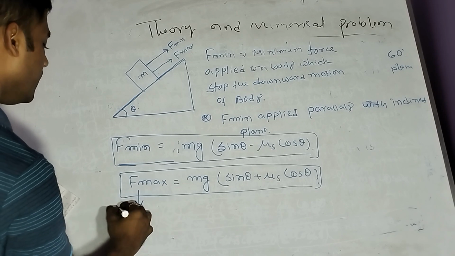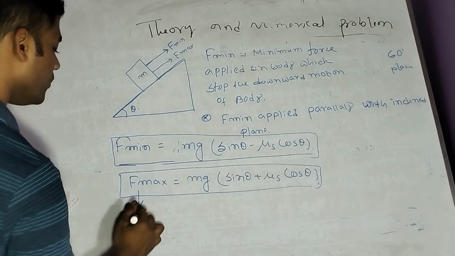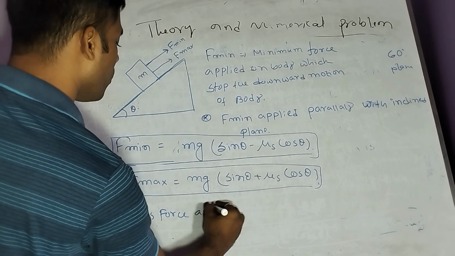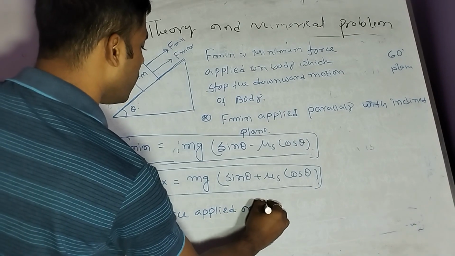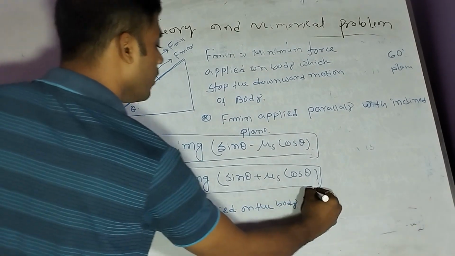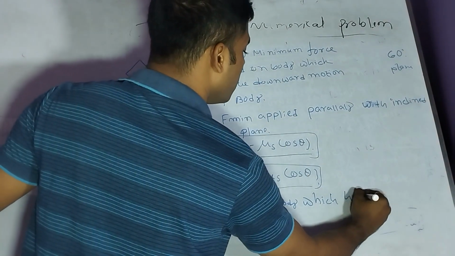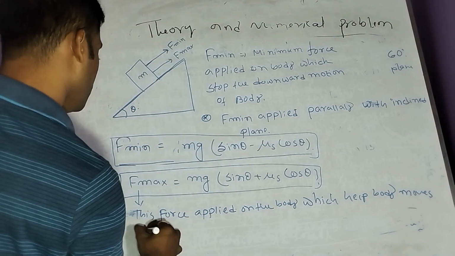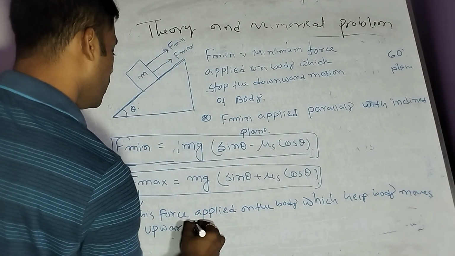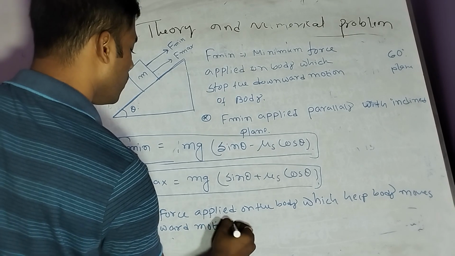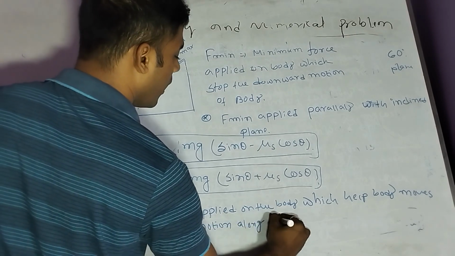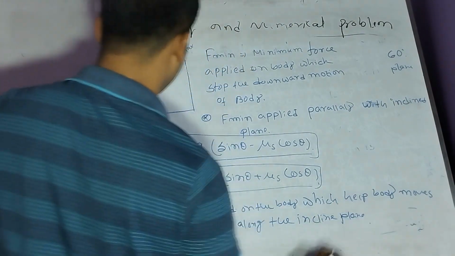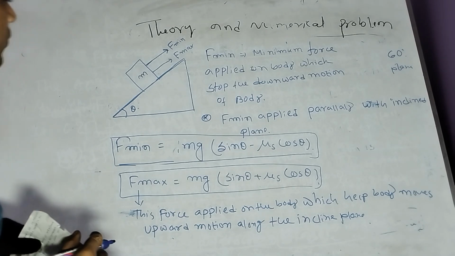F max is the force applied on the body which helps the body move upward along the inclined plane. These are the two equations, F min and F max.